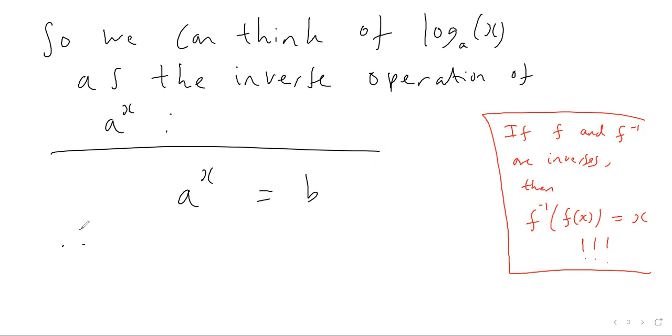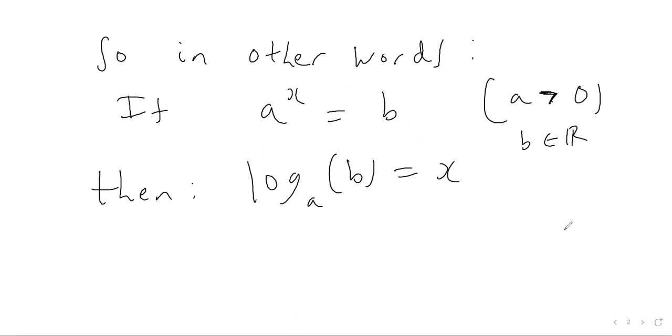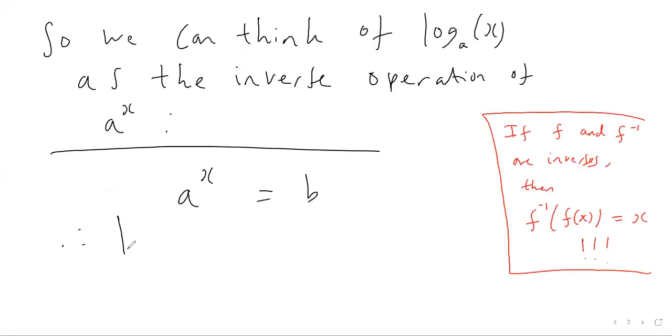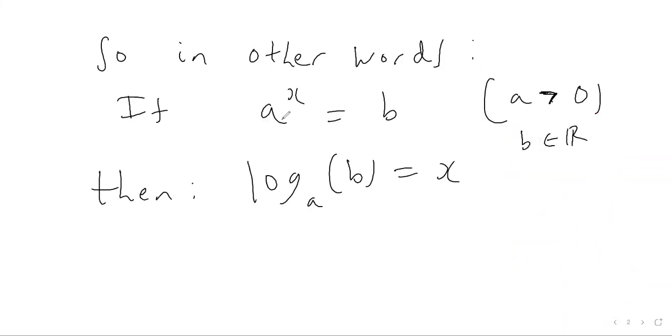So why can we think of that? Well, if we look at the equation we started with, a to the power of x equals b, and do this log operation in base a on both sides, log base a of a to the power of x is equal to log base a of b. Because of the way we define logs, as the power you need to raise the base by to obtain the answer, log base a of b is x.